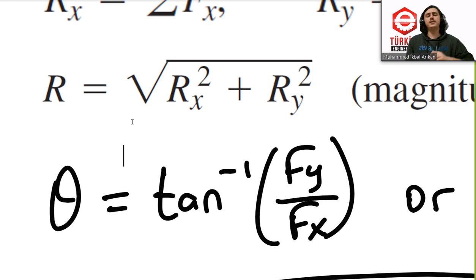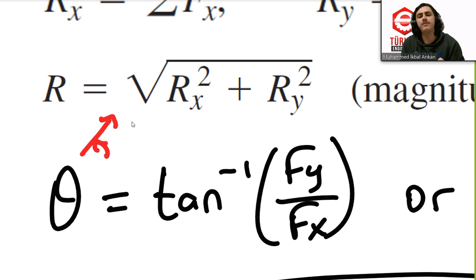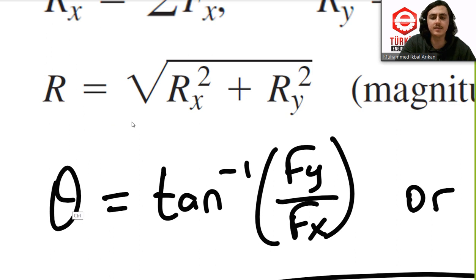We will have an angle. If you have an inclined force at an angle, and this angle is not 0, you will have two components. But if it's 0, you will have only an x component, or if it's 90 degrees or 270 degrees, you only have a y component. But how can you calculate this angle?